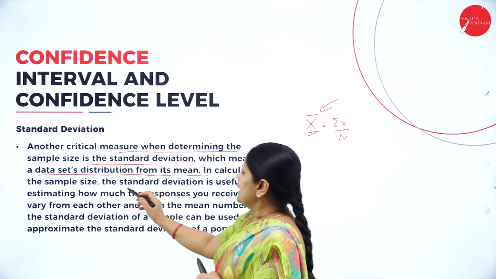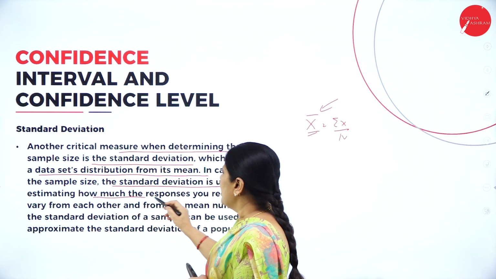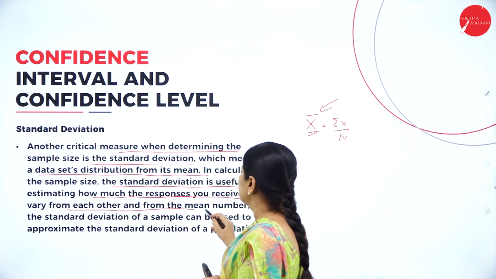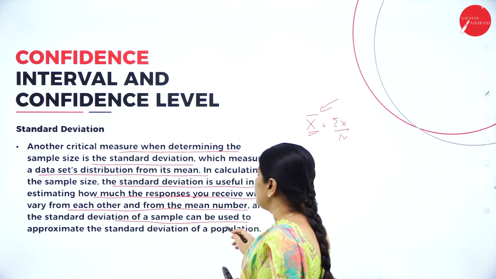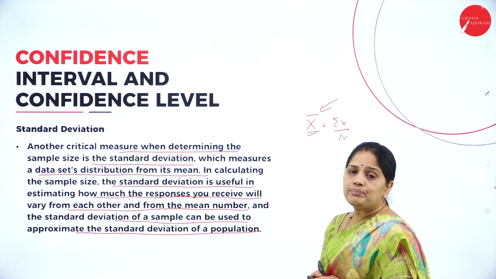In calculating the sample size, the standard deviation is useful in estimating how much the responses you receive will vary from each other and from the mean number, and the standard deviation of a sample can be used to approximate the standard deviation of a population.